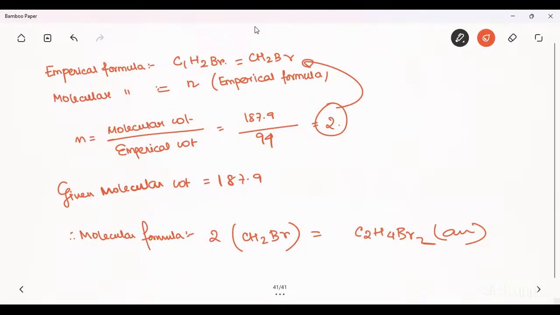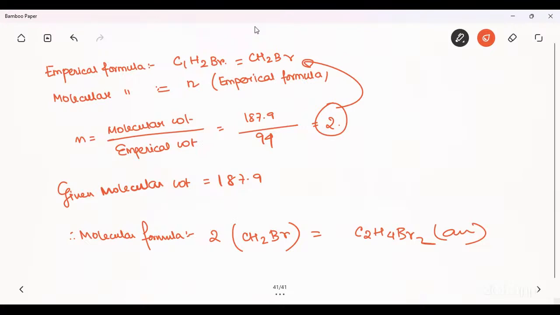I have made you do this at least three times today. I'm not making you do it again. So these are all the sums from moles and molecular formula that have been asked in your exam so far.